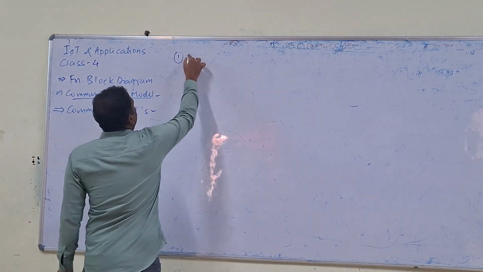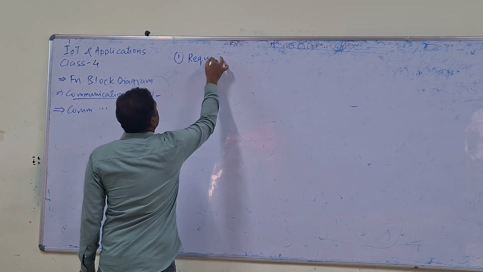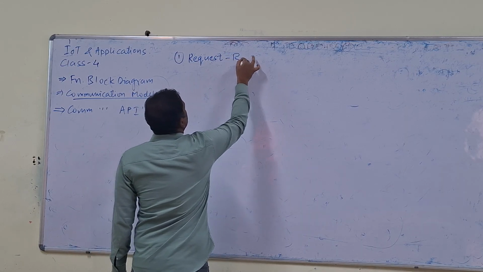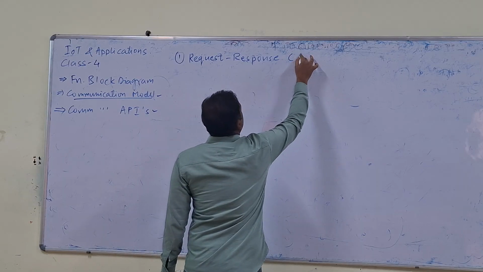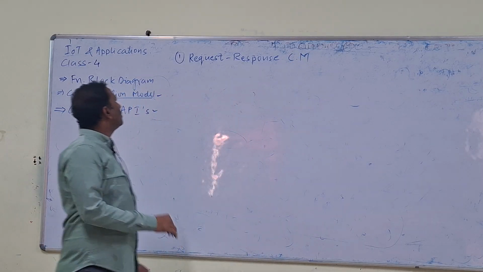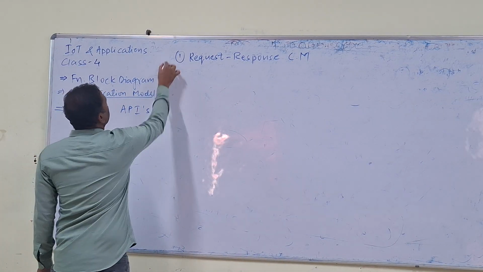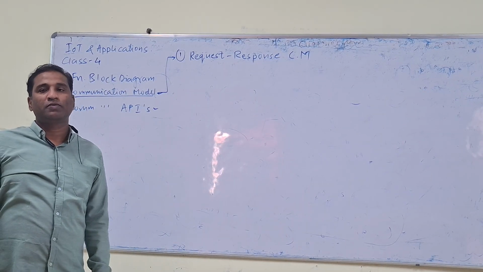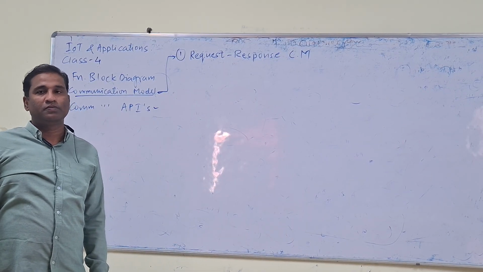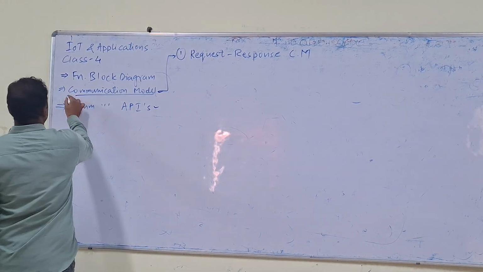First one is the request response communication model. CM is what? Communication model. Basically, what are these communication models?